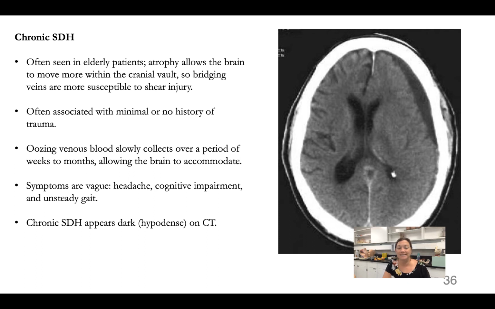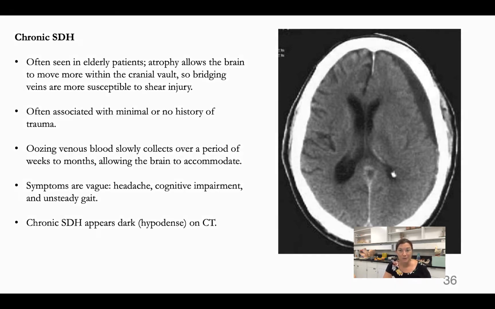You'll notice that we didn't talk about an appearance of a chronic epidural hematoma, and typically that doesn't happen because there are neurological deficits and consequences far before the chronic stage.